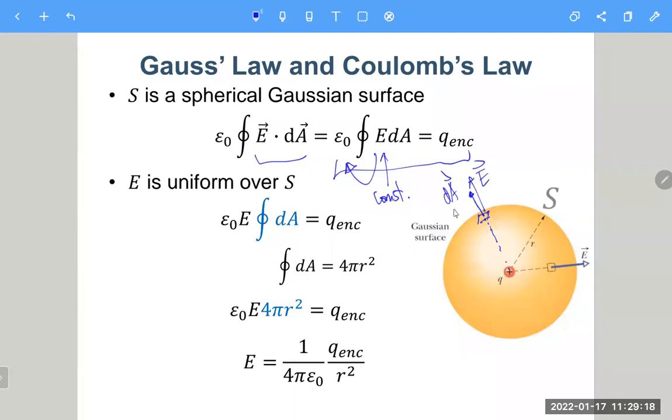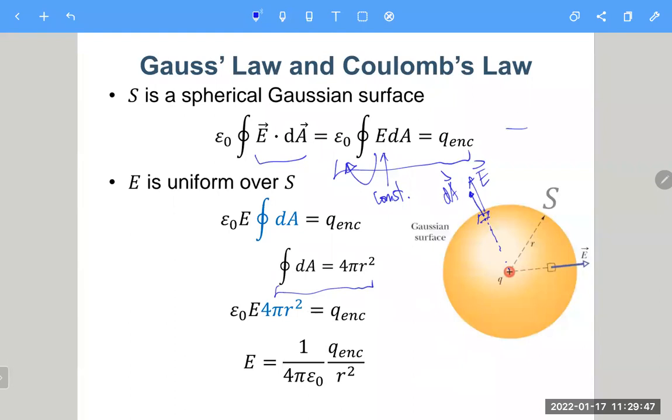Integration of dA is nothing but the surface area of this sphere. And I suppose in high school you should have learned the surface area of a sphere is 4 pi r squared. And I think in calculus class you also derived this result using the rotational method to calculate the surface area.